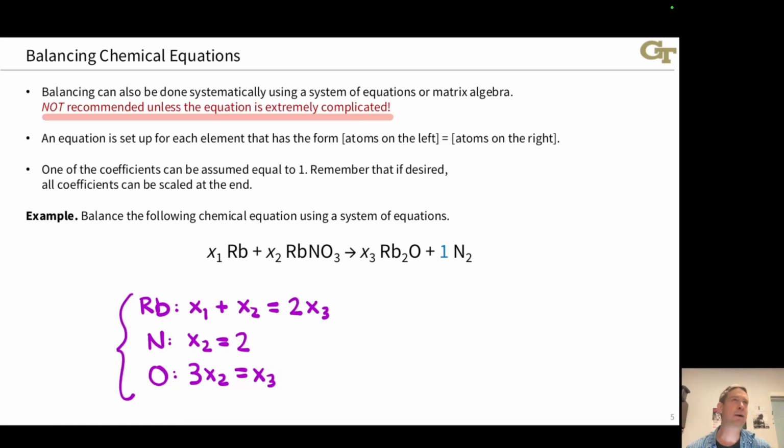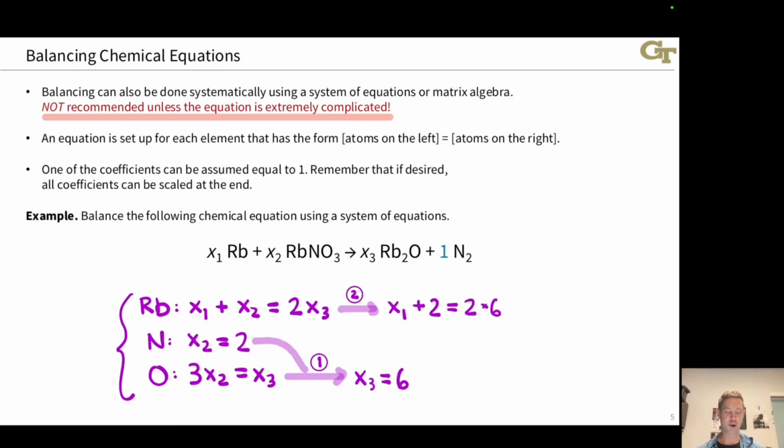All right, good. And now we're just in linear algebra, solve-a-system-of-equations mode, and we can, for example, substitute 2 for x2 immediately and come to the conclusion that x3 must be equal to 6, since 3 times 2 is equal to x3 and is also equal to 6. And now that we know x3, I can plug that back up here. 2 times x3 is now 12. x1 plus x2 must be 12.